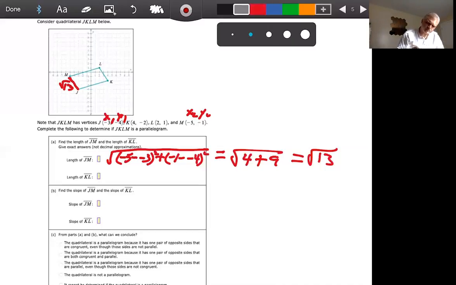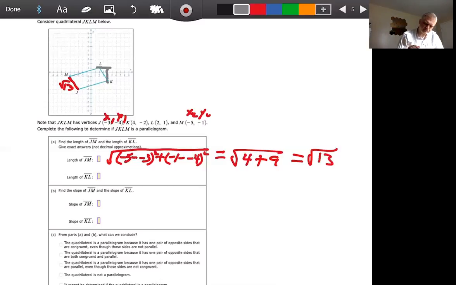For KL, I'm going to make a little horizontal segment and a little vertical segment to give me a right triangle, so that we have, let's see, 1, 2, 3 units up, and we have 1, 2 units over. So for LK, I know that 2 squared plus 3 squared equals LK squared.